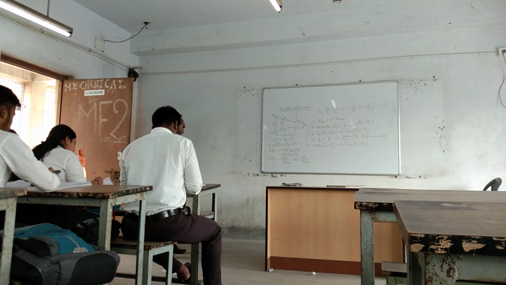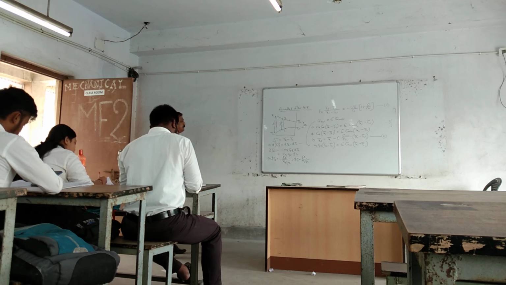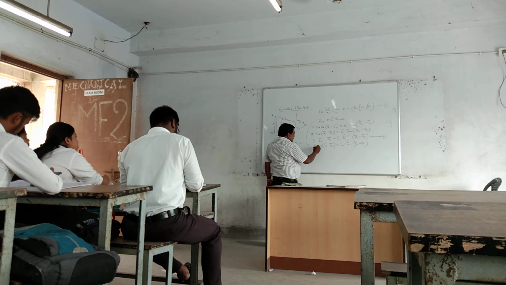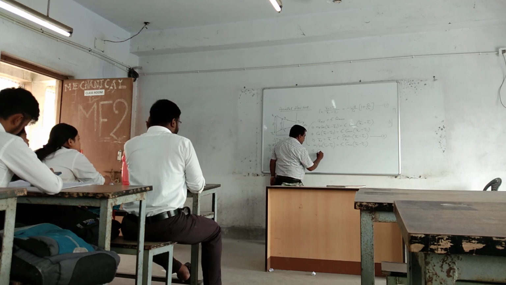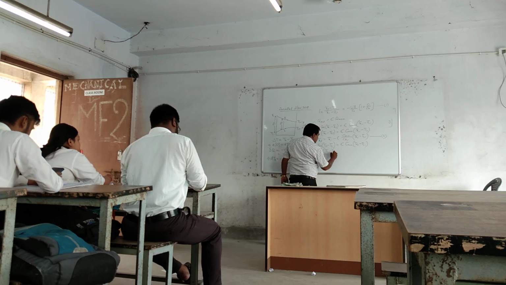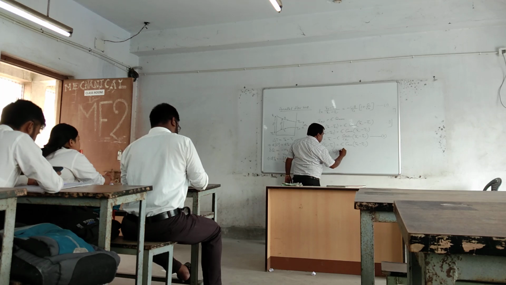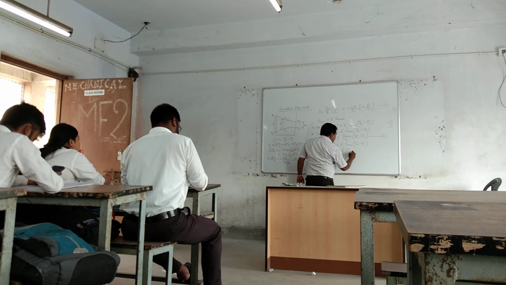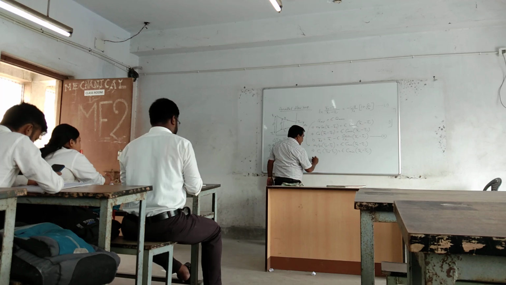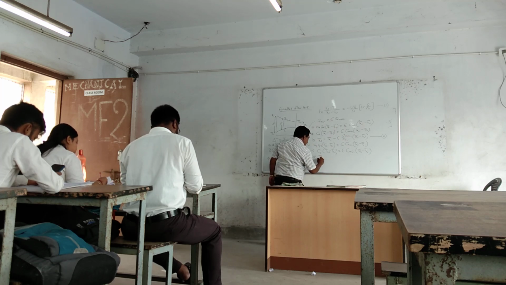For the cold fluid, the actual heat transfer rate is m dot CPC (TCO minus TCI), and epsilon C min (THI minus TCI). M dot C CPC is nothing but capital CC. So (TCO minus TCI) is epsilon C min (THI minus TCI). From that we can find out the value of TCO.